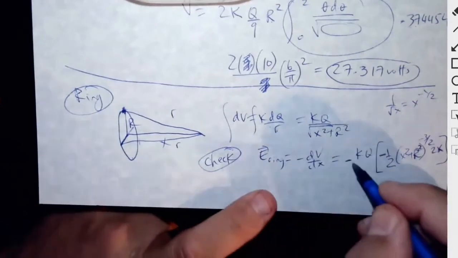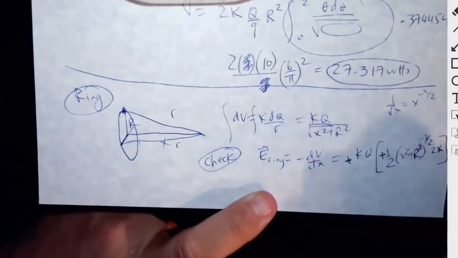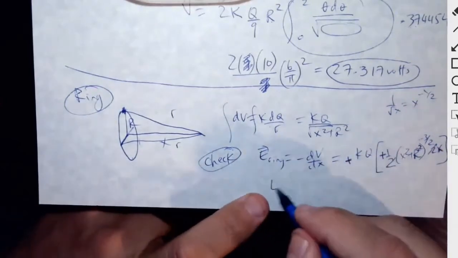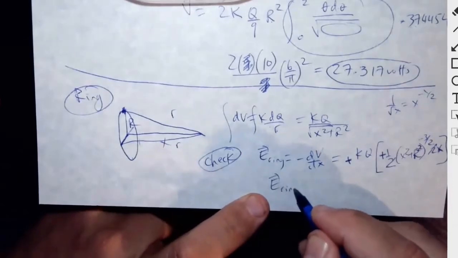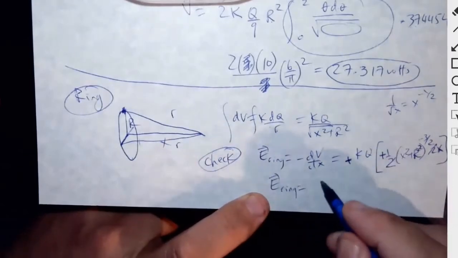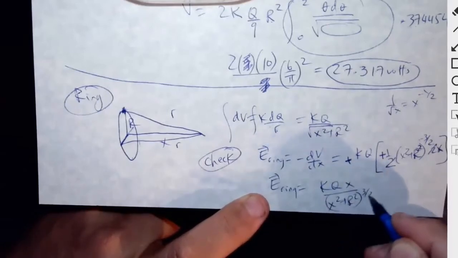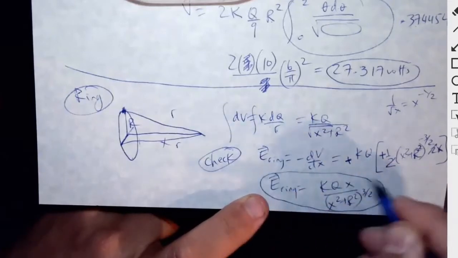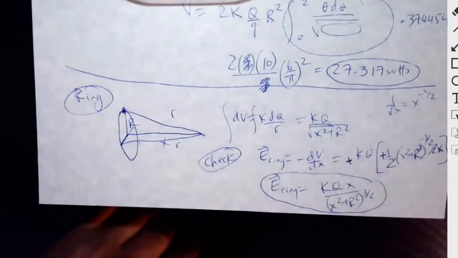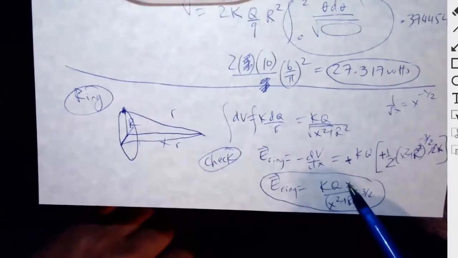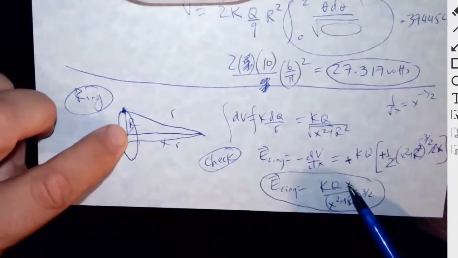Okay, so then the negatives cancel, the 2's cancel, and the electric field of a ring is KQx over x squared plus R squared to the 3 halves. And I believe that was the equation, right? Because I remember when x was 0, the electric field of a ring should be 0.